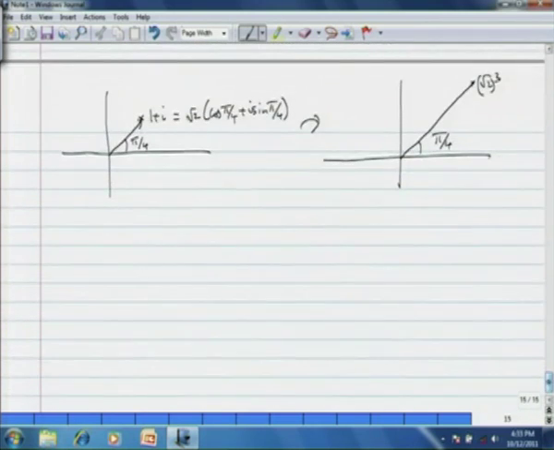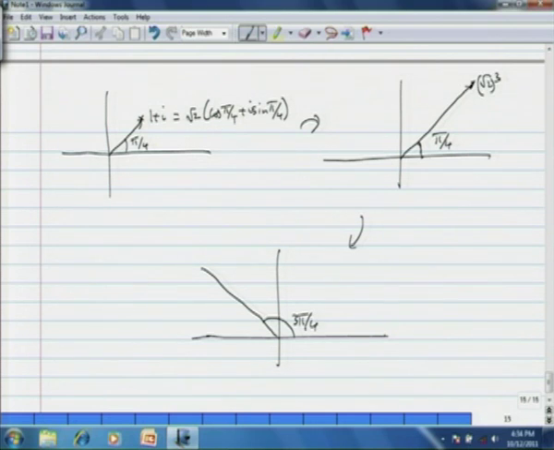by, now rotate this point about the origin until you reach 3 times this angle pi by 4, which is 3 pi by 4. So, here is 3 pi by 4.